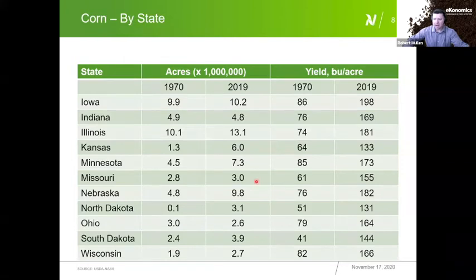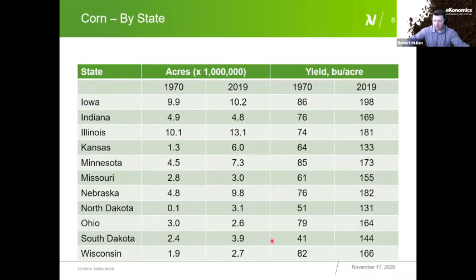Missouri's pretty flat. Nebraska, again, considerably higher acreage of corn. Again, a lot of that is irrigated, but there are some areas where it's not, and they're still growing a lot of corn. North Dakota really didn't grow much corn in 1970. Now they're at 3 million acres. Ohio's flat to down.